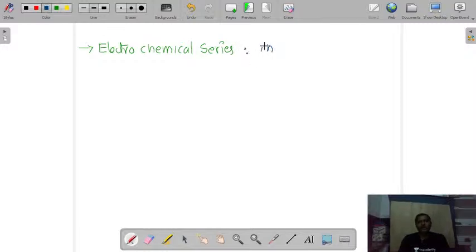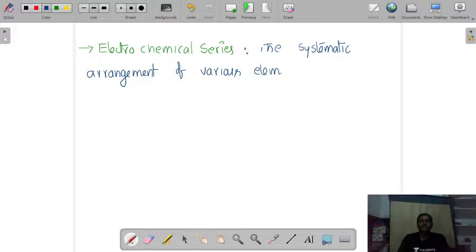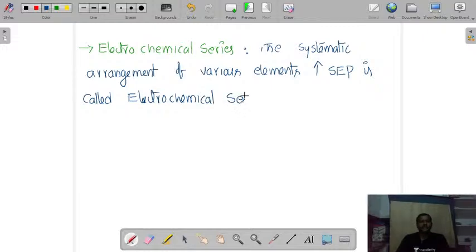The systematic arrangement of various elements in the increasing order of their standard electrode potentials is called electrochemical series.